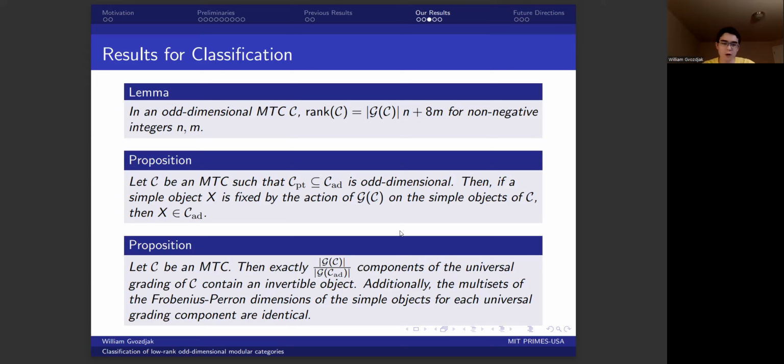So if we look at every single component that contains an invertible object, and we look at all of the Frobenius pair dimensions inside of those components, we know that those multisets for every component are entirely the same. So each of the components that contain some invertible object share a very similar kind of structure in general.